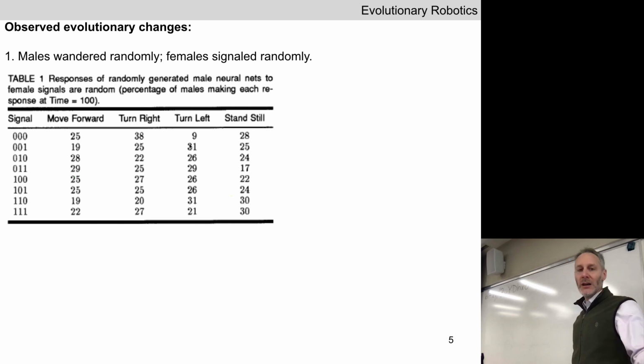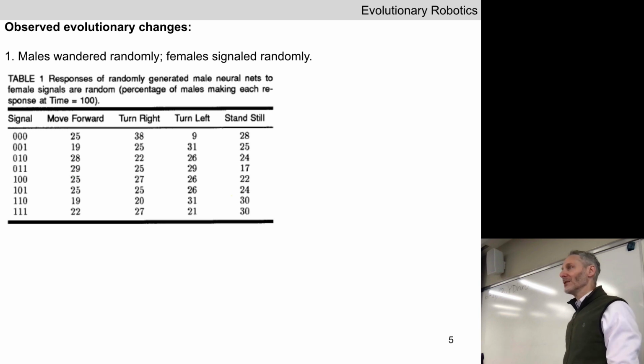What are the males doing on average in response to the females during these first 100 time steps on the toroid? Is it what you expect? Yes, why?